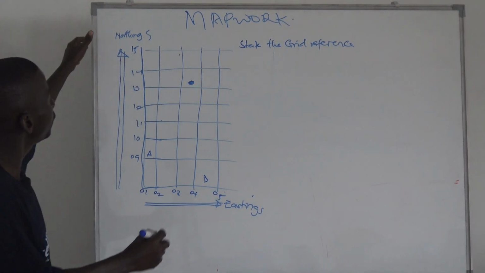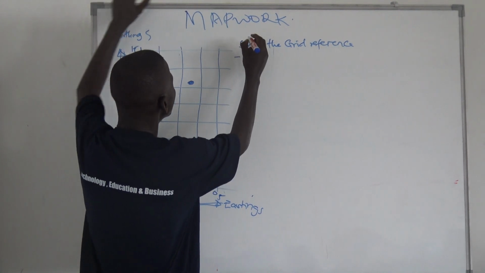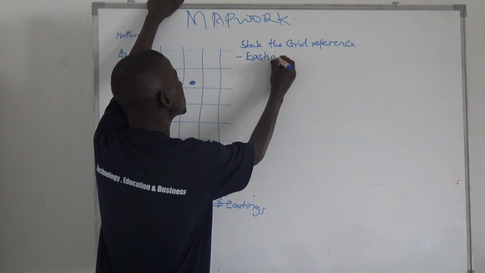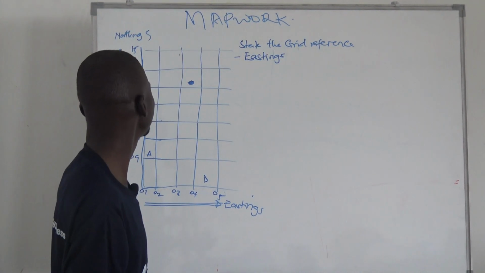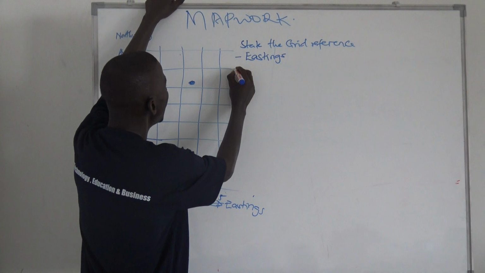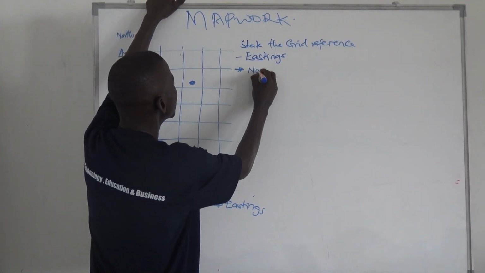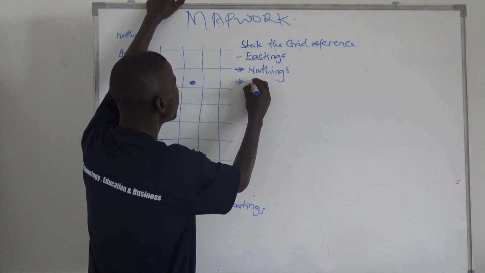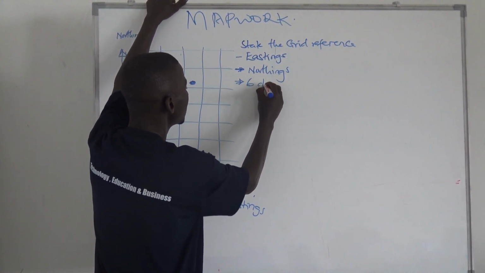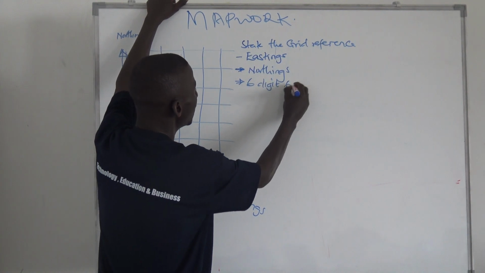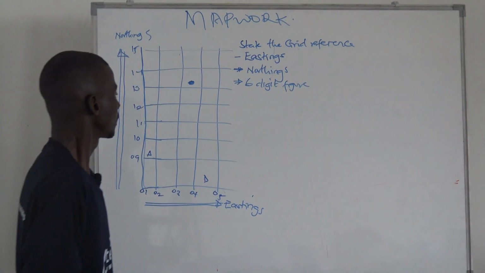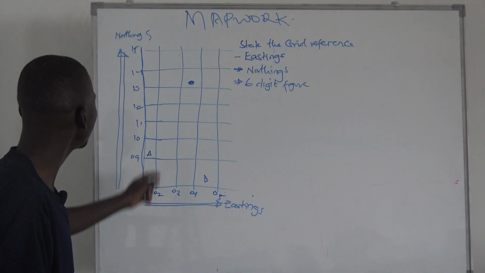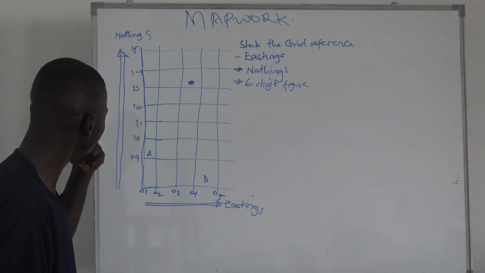Whenever stating the grid reference, start from the eastings, then followed by the northings, and form a 6-digit figure. A figure with 6 digits, beginning from the eastings.